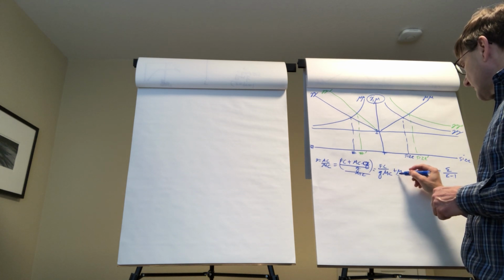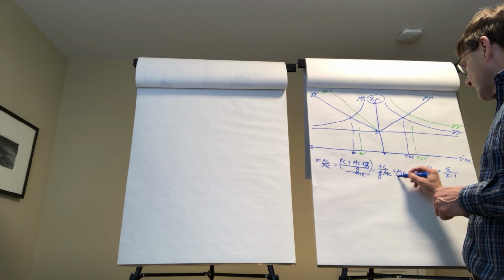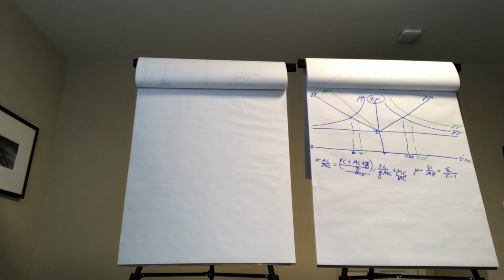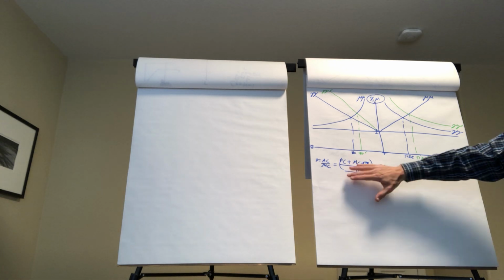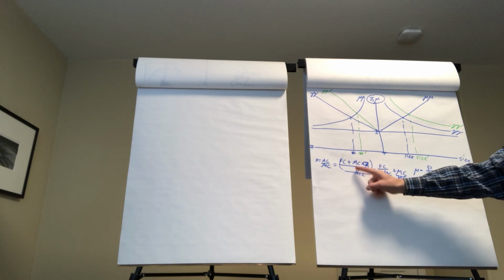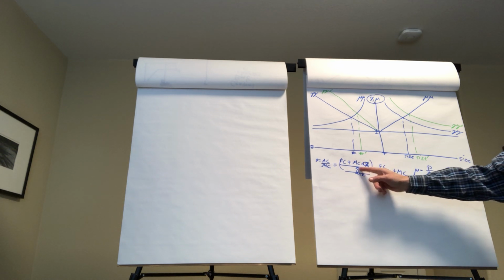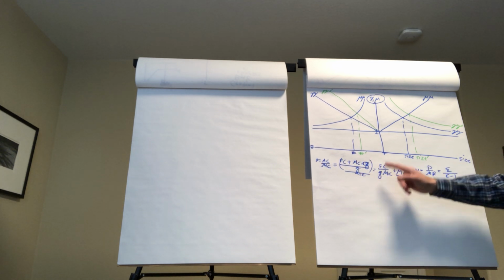So that was marginal cost over marginal cost, which is 1. So that's what we're using now. Well, remember how we did it. So we've got fixed cost over Q all over marginal cost, and then marginal cost times Q over Q, the Q's cancel, and then the marginal costs cancel.